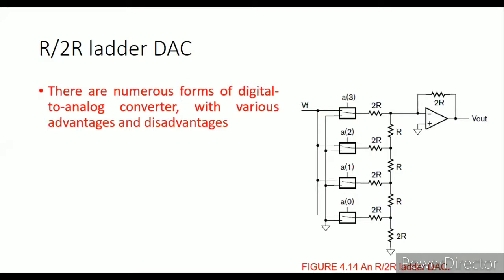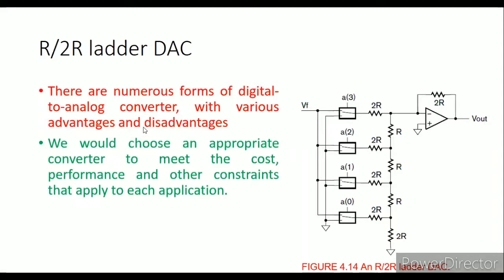So there are numerous forms of digital to analog converters with various advantages and disadvantages. But depending upon the user requirement, we have to choose which DAC is suitable for the user, or the customer, or whoever is designing, the designer in simple terms. So we would choose an appropriate converter to meet the cost, performance, and other constraints that apply to each application.